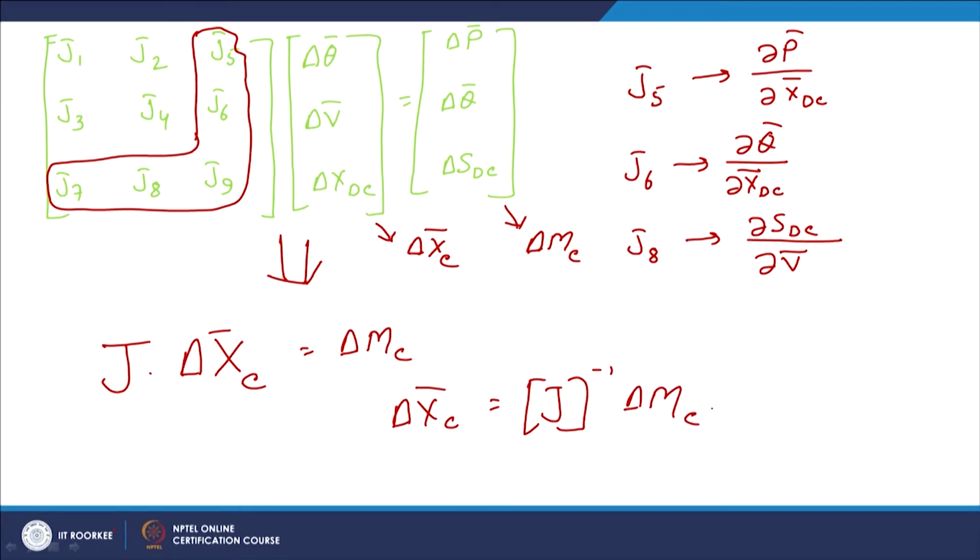Because the size of matrix J has increased substantially, the computation time for every iteration will also increase substantially. That is the problem with this simultaneous approach.